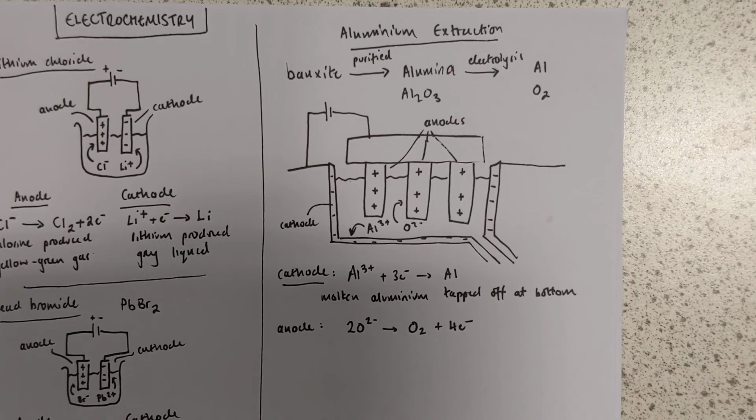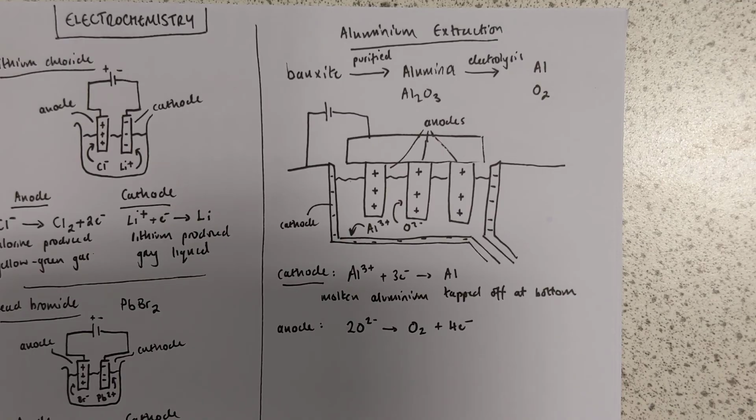Now there is an extra detail we need to know about what happens at the anode. There's a little problem. The anodes used in this process, like before, are made of graphite because they're nice inert electrodes and have high melting points, so they don't melt very easily. But you're making oxygen near these anodes at a high temperature. Graphite is a form of carbon, and carbon can react with oxygen and turn into CO2.